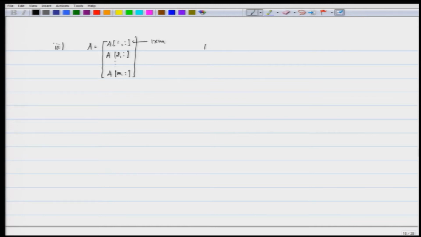We can look at B as the first column, second column and the pth column.